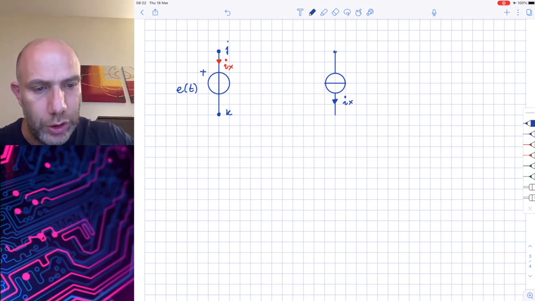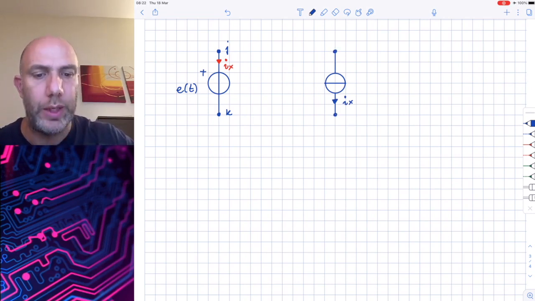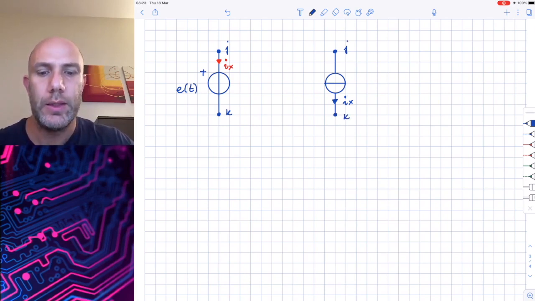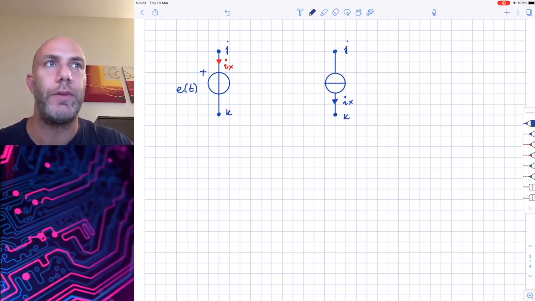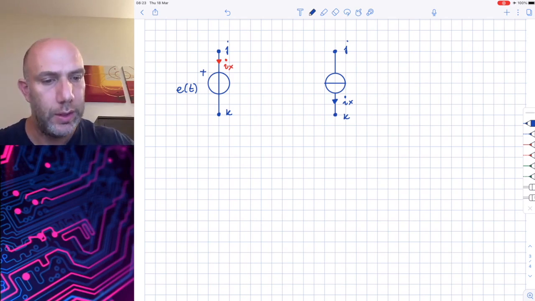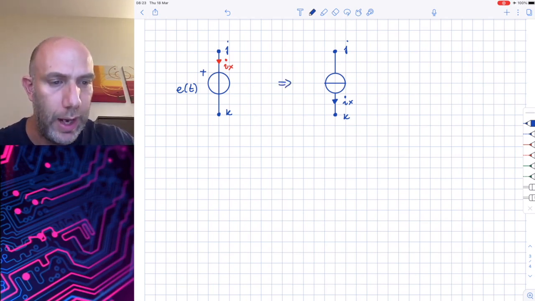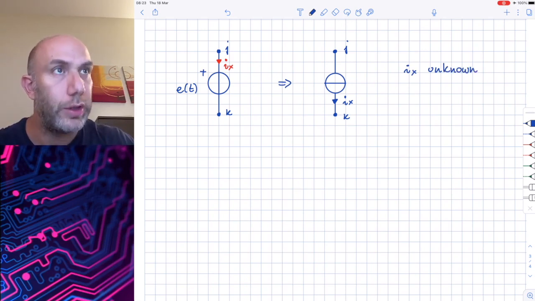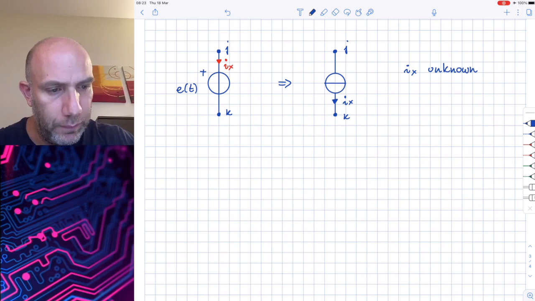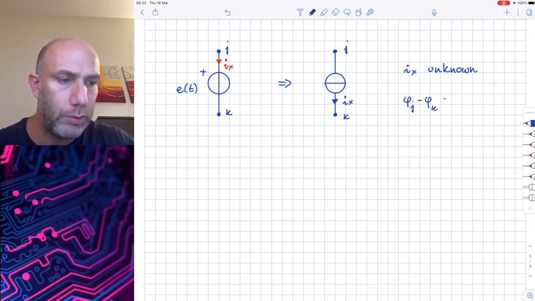And the voltage applied between the two nodes J and K is exactly the electromotive force of the voltage generator. So we can write that for this second component, this current generator, we have Ix that is unknown, while the voltage phi j minus phi k equals E of t.